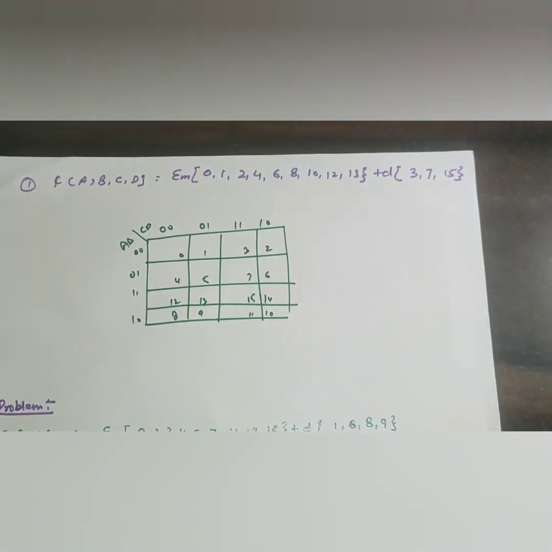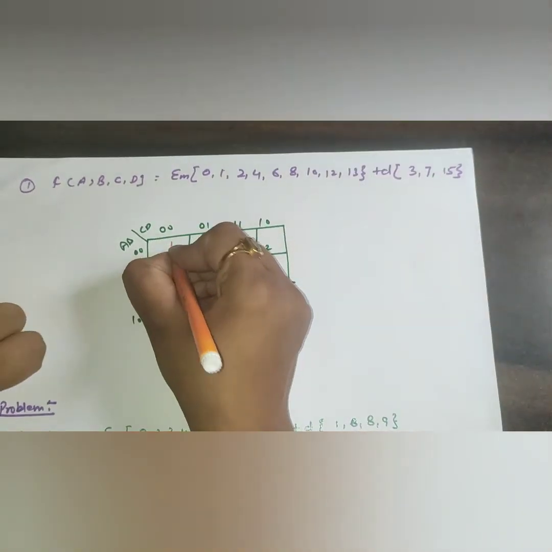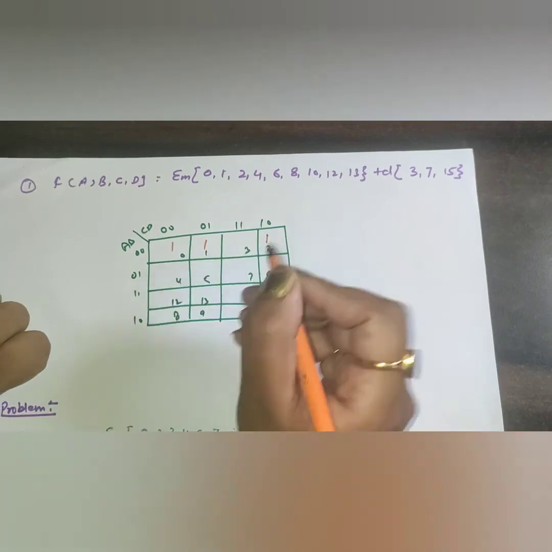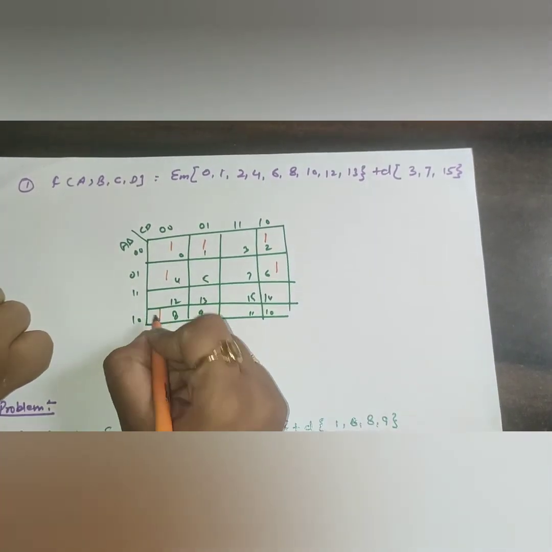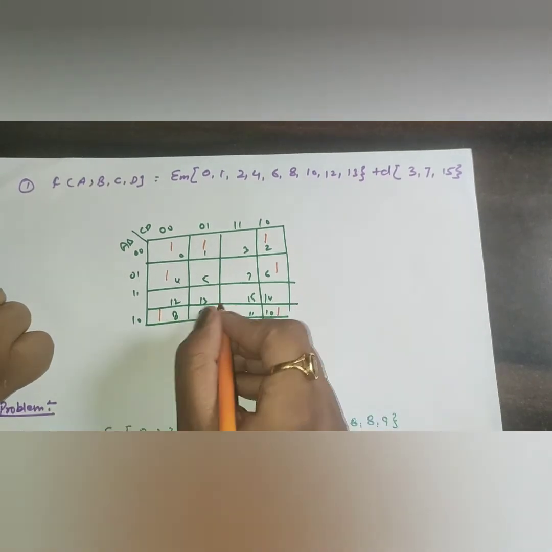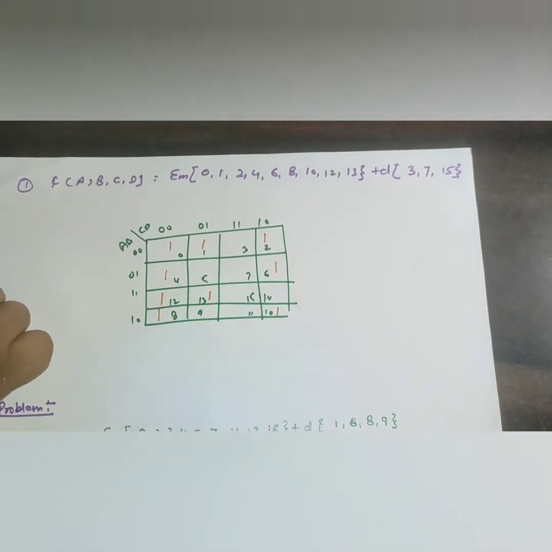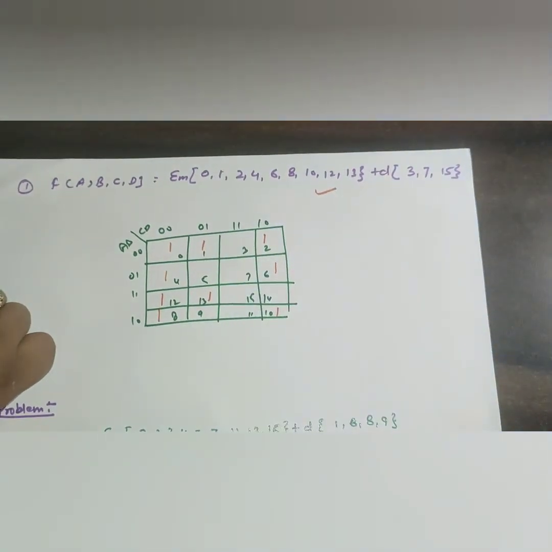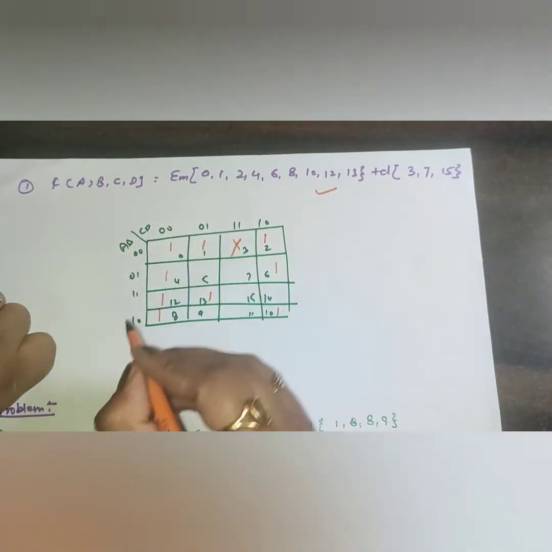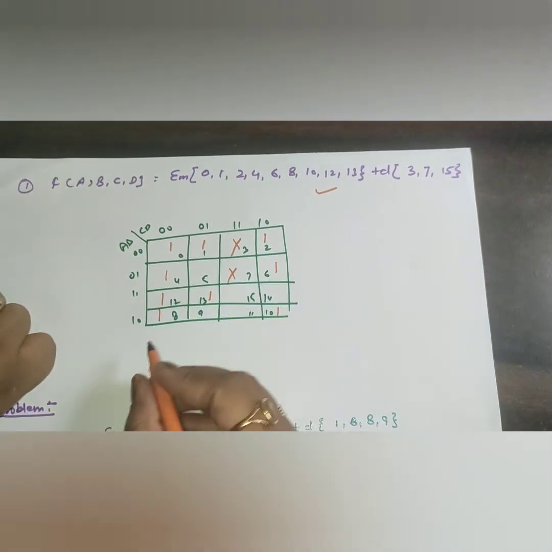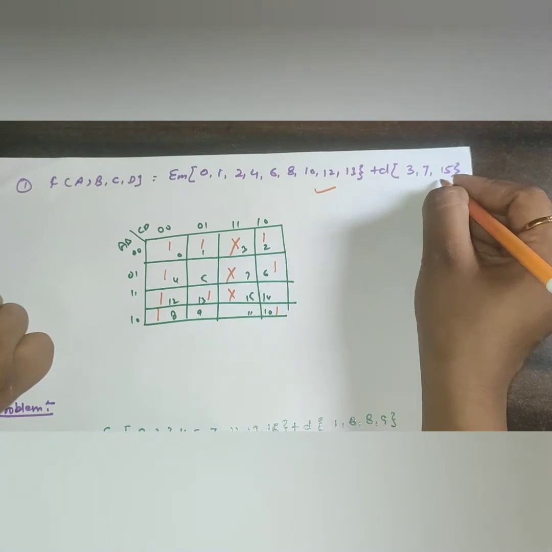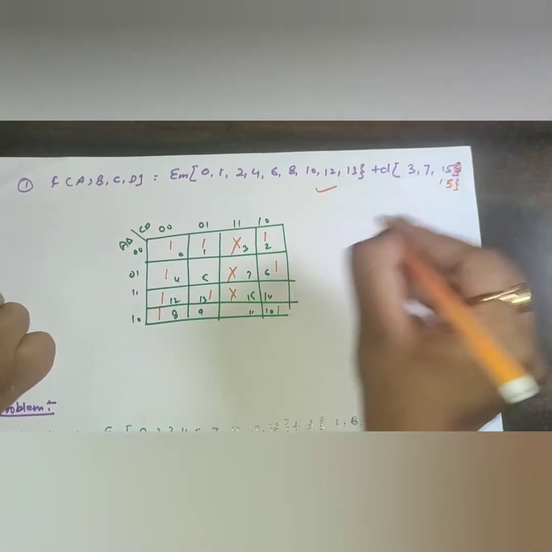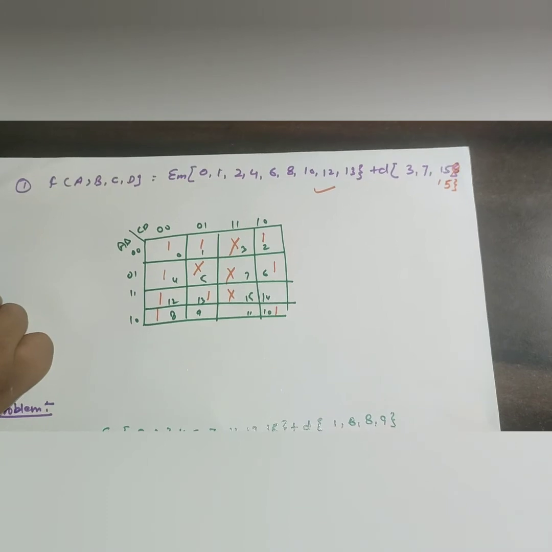Now we should consider the numbers here. The numbers are 1, 2, 4, 6, 8, 10, 12, 13. These are our essential implicants. Now 3 don't care, 7 don't care and 15 don't care. Okay, we should consider one more, 5. Let's suppose 5 is also a don't care condition.